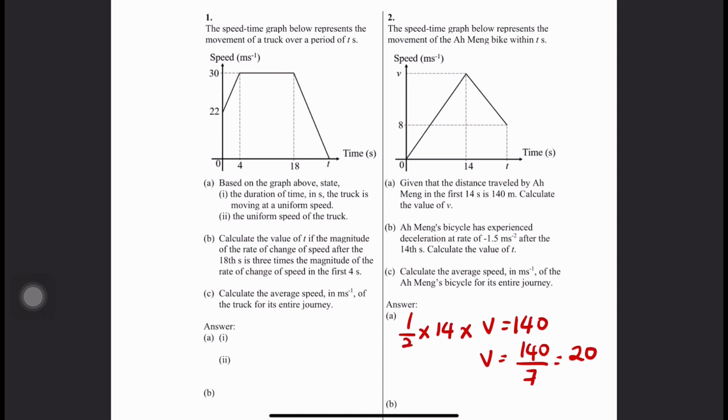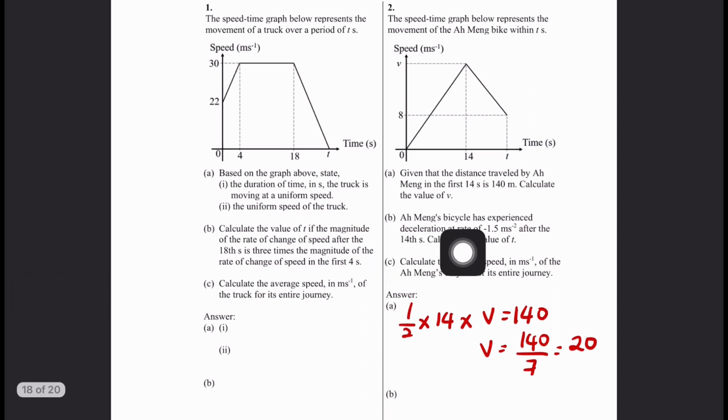Next, part B. Ameng's bicycle experiences deceleration at a rate of negative 1.5 meters per second squared after the 14th second. Calculate the value of t. After 14 seconds, this area here, he decelerates by negative 1.5.